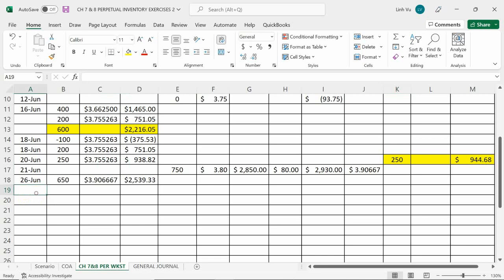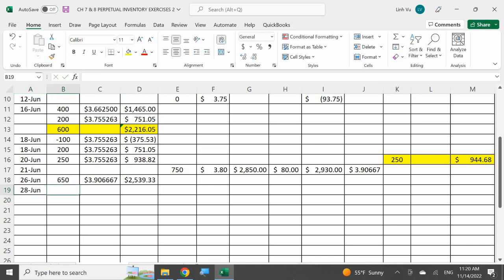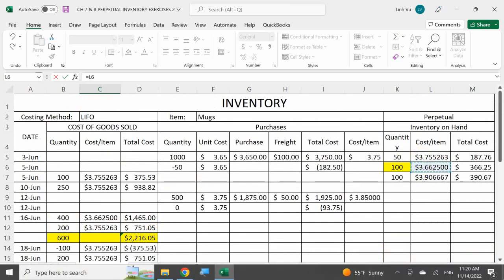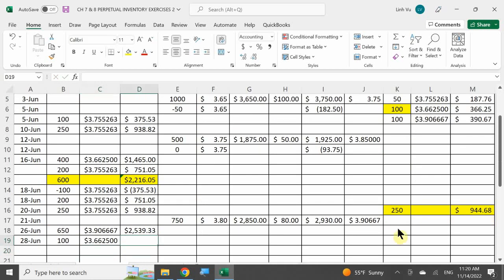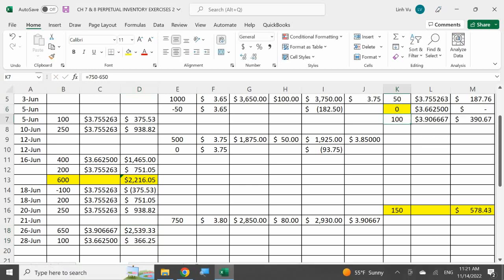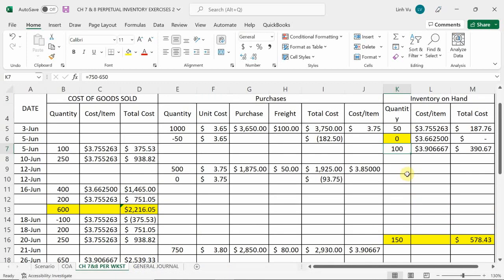So in this case, today's the 28th, right? We already know that those 100 units are currently at $366.25. So therefore, it's going to be costing you $366.25. We already know that because we're going to get rid of that entire leftover batch of inventory, right? So therefore, your second batch is completely gone, including that 100 batch of large cups that you had remaining.